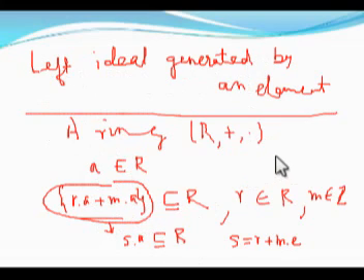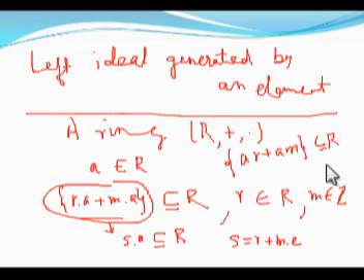So what will be the right ideal generated by an element? This is the set aR + ma, which is a subset of R. This set generated by these elements is called the right ideal generated by a.